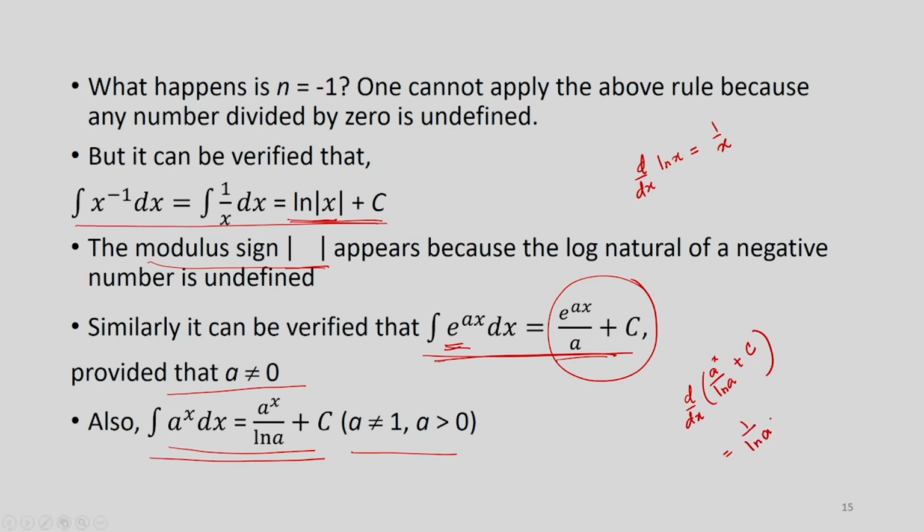This is a constant term, it will come out. d dx of a^x, what is that? It is log a times a to the power x, plus 0, right? And so, log a will get cancelled. So, you are going to get simply a to the power x, which is the integrand on the left hand side. So, this formula is in order.